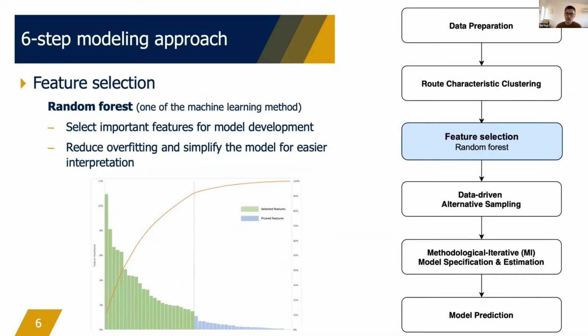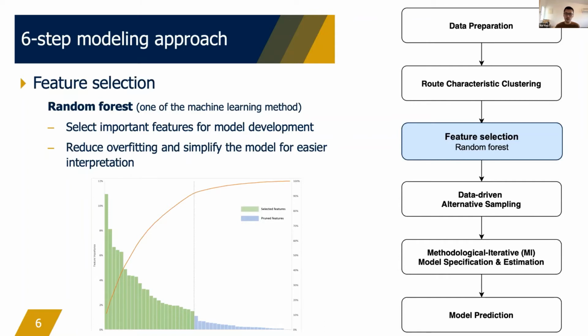After distinguishing route characteristic clusters, we're interested to find features that describe such characteristics. In the feature selection step, we utilize the cluster label from the last step and all the available attributes to train the random forest classifier. The random forest provides feature importance as criteria to select features with significant explanatory power.